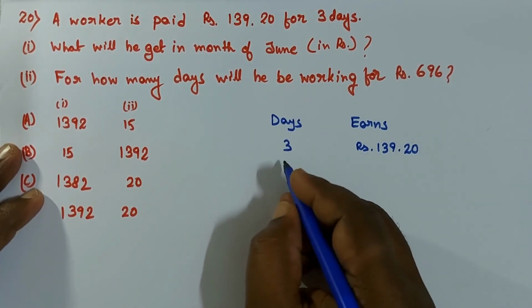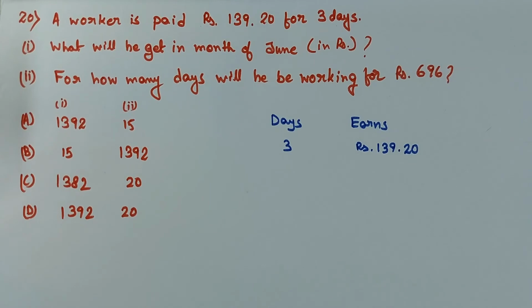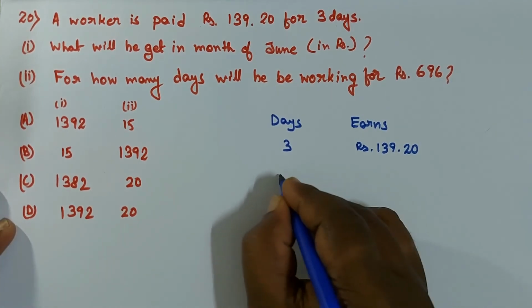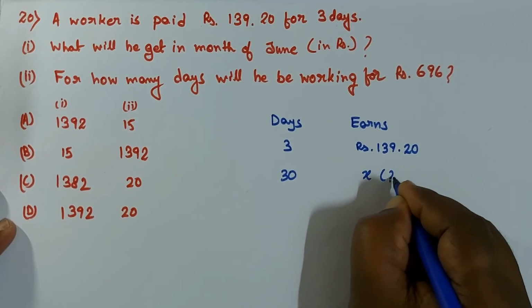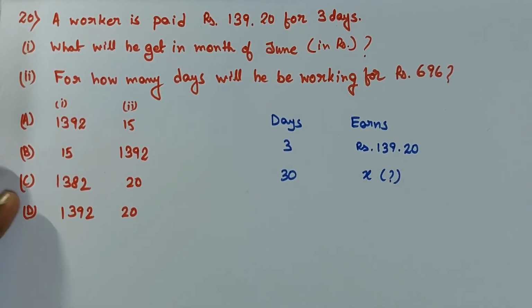Do you know how many days are in the month of June? June is the month of 30 days. So let this be x.